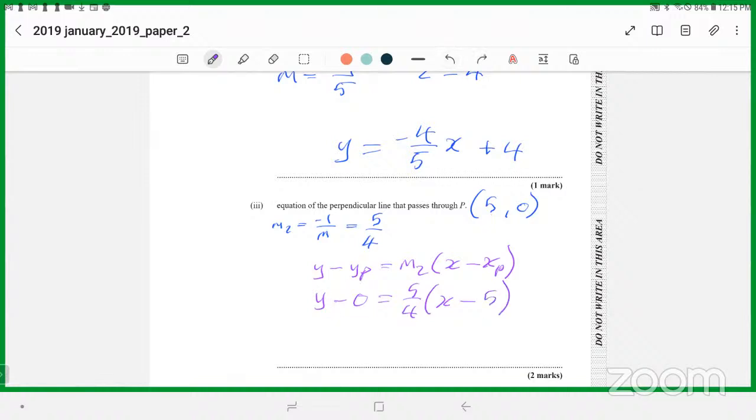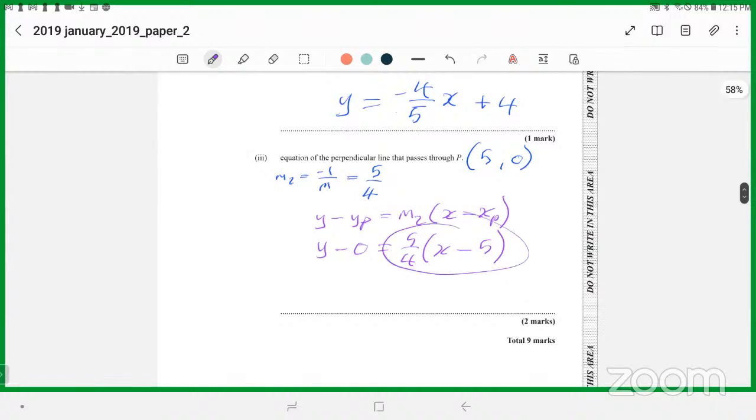We can just expand this out and write y equals 5 over 4x minus, multiply this 5 by this 5, you get 25 over 4. That's the answer. All right, 2 marks for that.